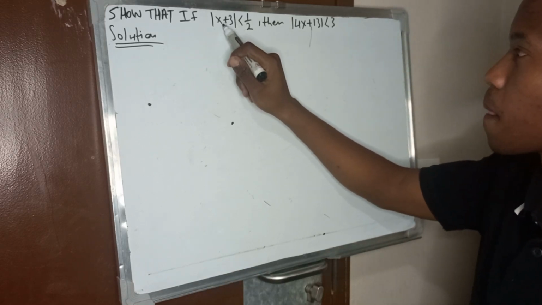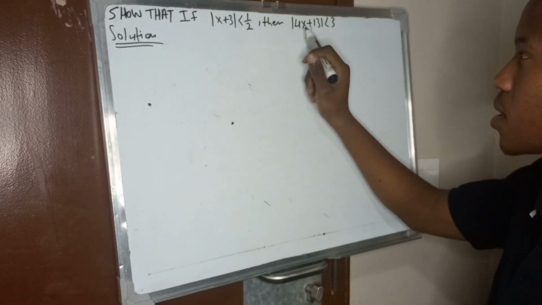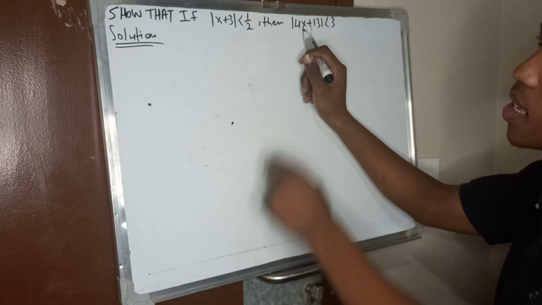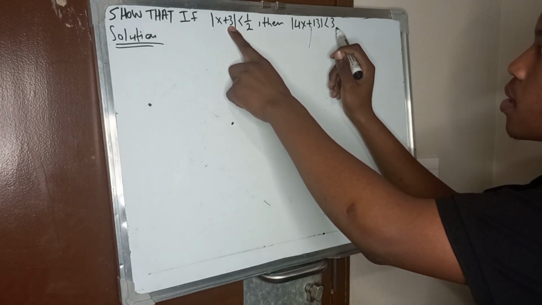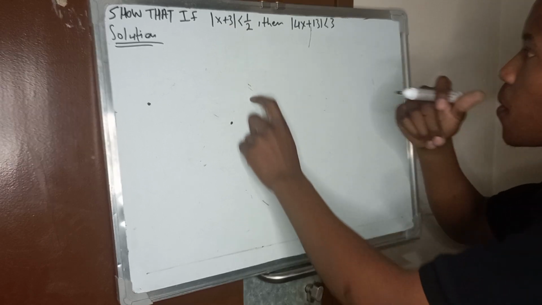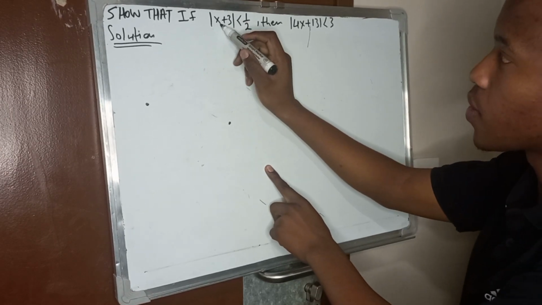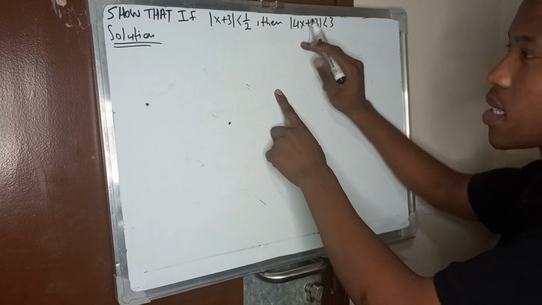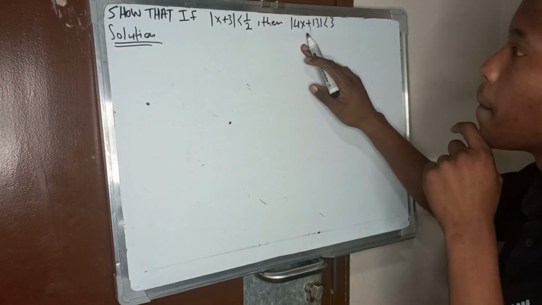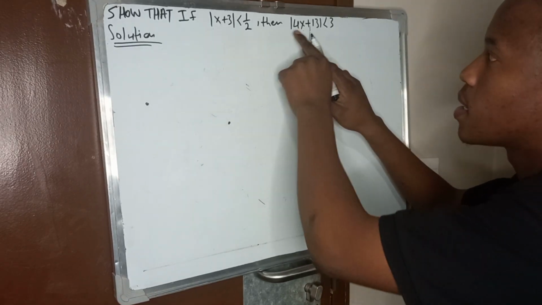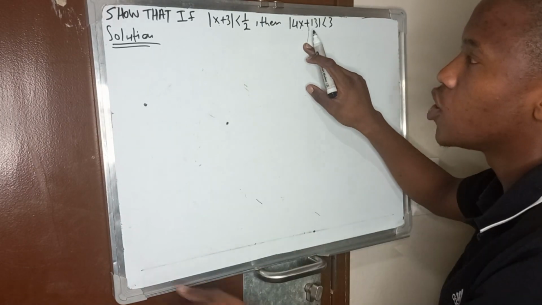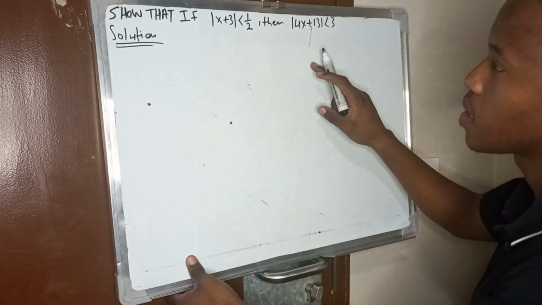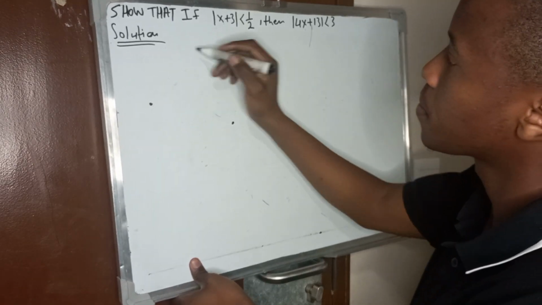Look here: we have x, here we have 4x, here we have 3, here we have 13, here we have 3, here we have 1 over 2. Because here we have x and here we have 4x, we need to turn this x into 4x. How are we going to do that?